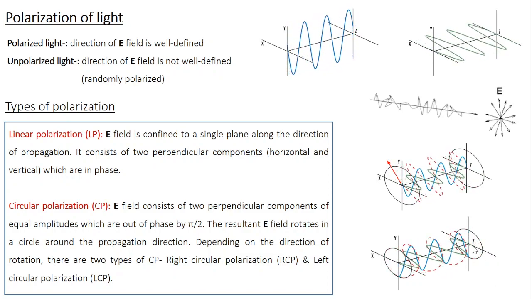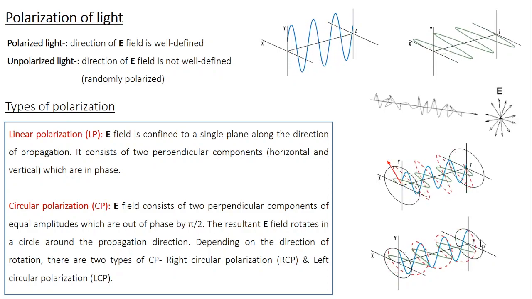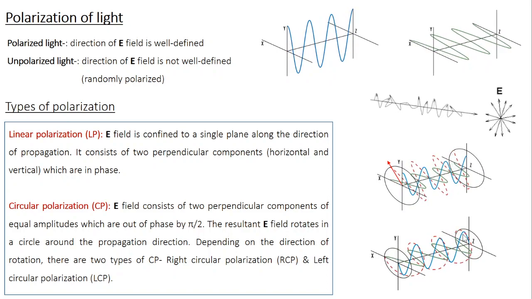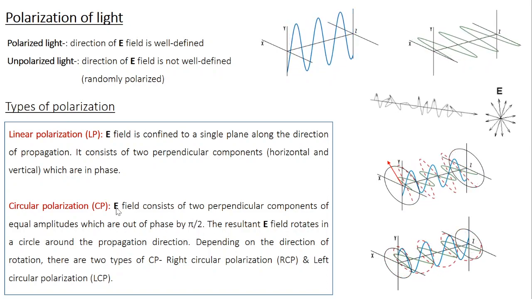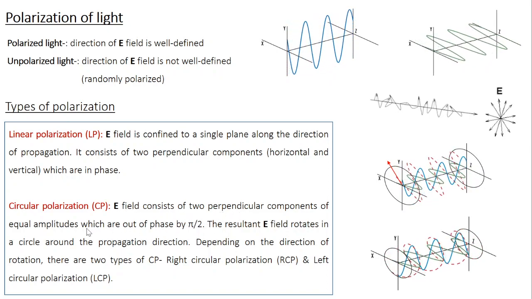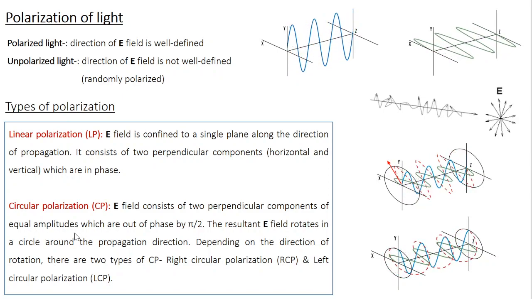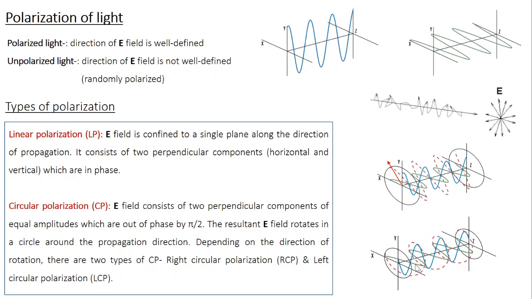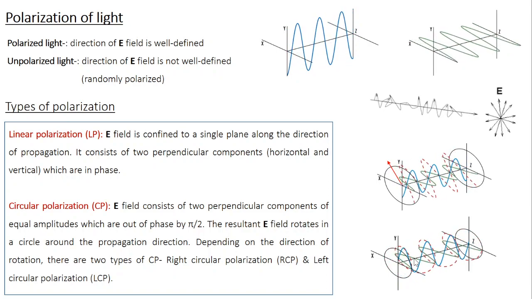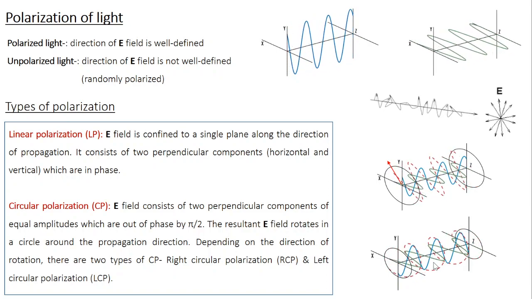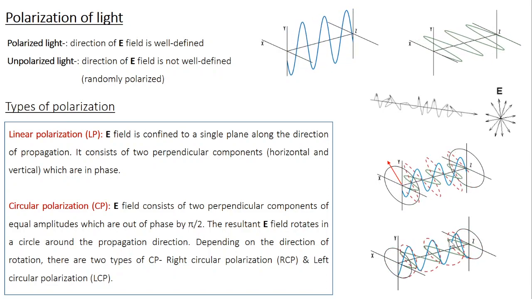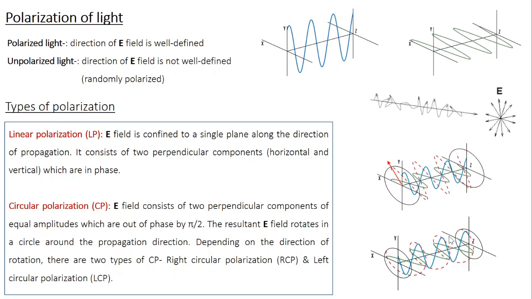In the case of a circle, the radius is constant, whether in the perpendicular direction or parallel direction. That's why we say the electric field consists of two components of equal amplitudes and they are out of phase by pi by 2, meaning by the time one wave started, the other wave would have already peaked. If you look at this diagram, the 0 point of one wave corresponds to the maximum point of the other component.